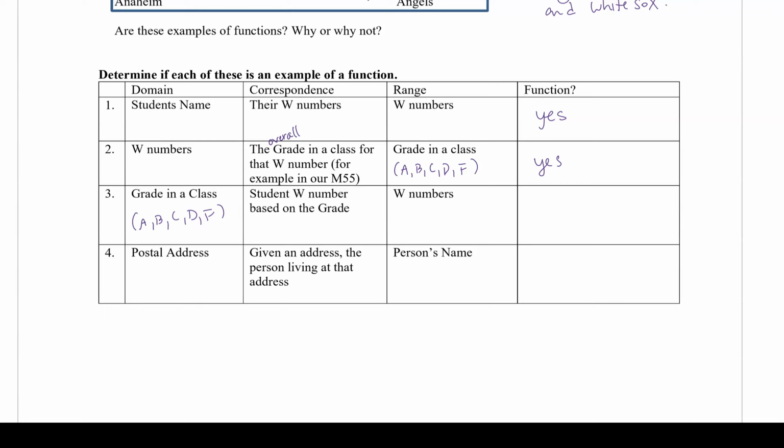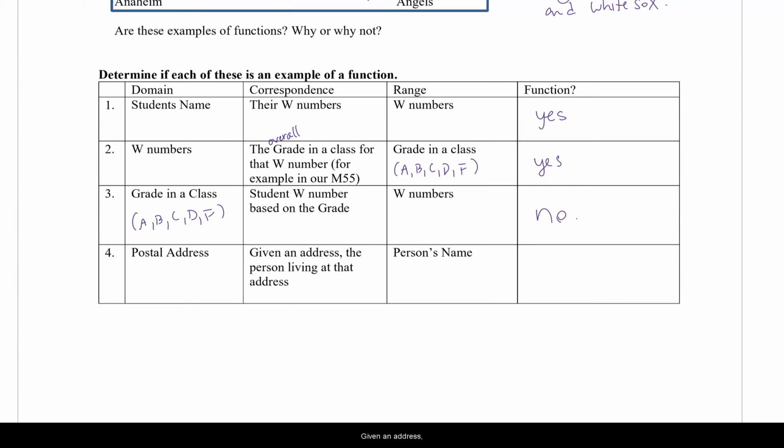No, not at all. Multiple students could get A's, multiple students could get B's, etc. This is not an example of a function. Two students could have the same grade, so two different W numbers are assigned to one letter grade. That's not a function.